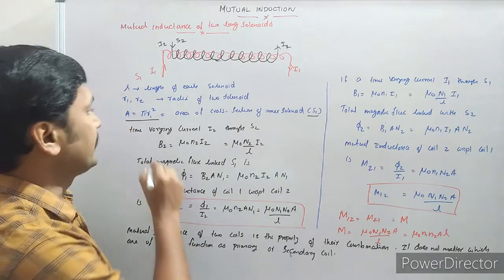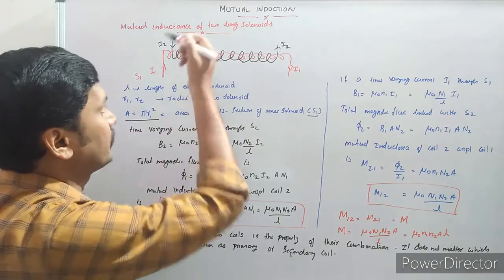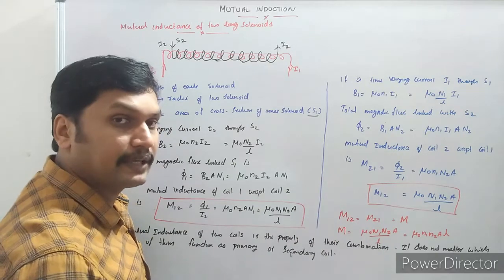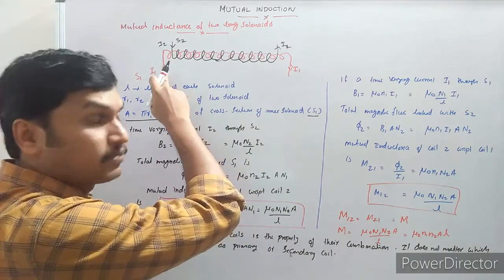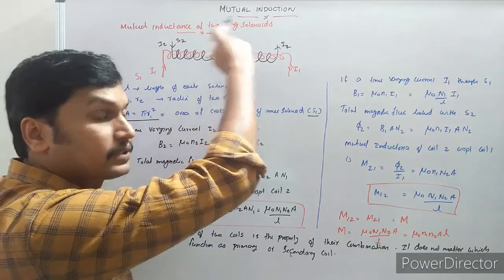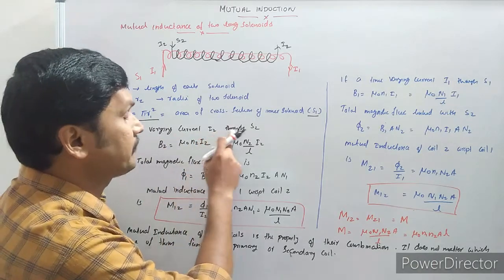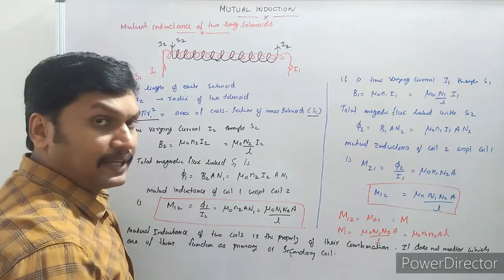Now suppose a time varying current I2 is passed through the outer solenoid, that is S2. We can call them the primary and secondary: the primary coil is the inner coil S1, and the secondary coil is S2, the outer solenoid. So the current I2 produces a magnetic field.